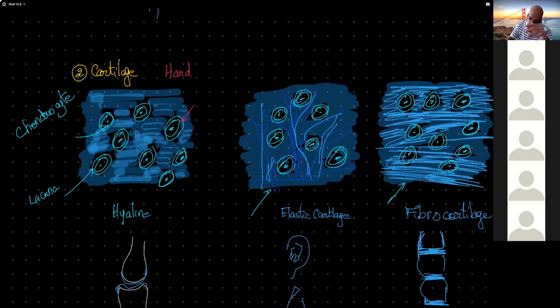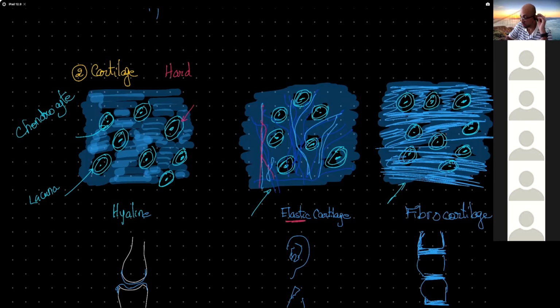I don't see fibers, so it's the hyaline cartilage. Here is a cartilage with thin, long, darkly stained fibers. Remember, these are my elastic fibers. This was the elastic cartilage.